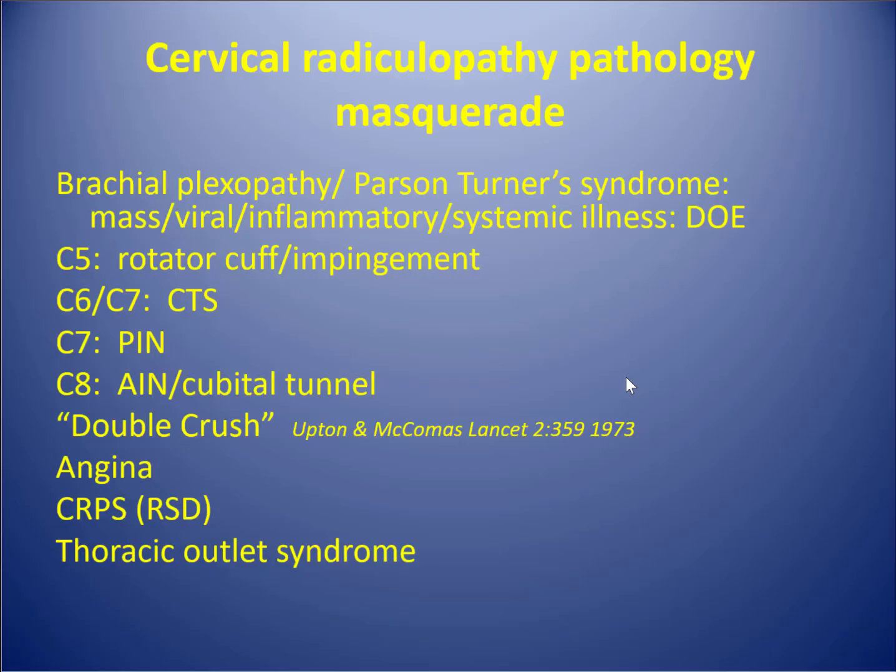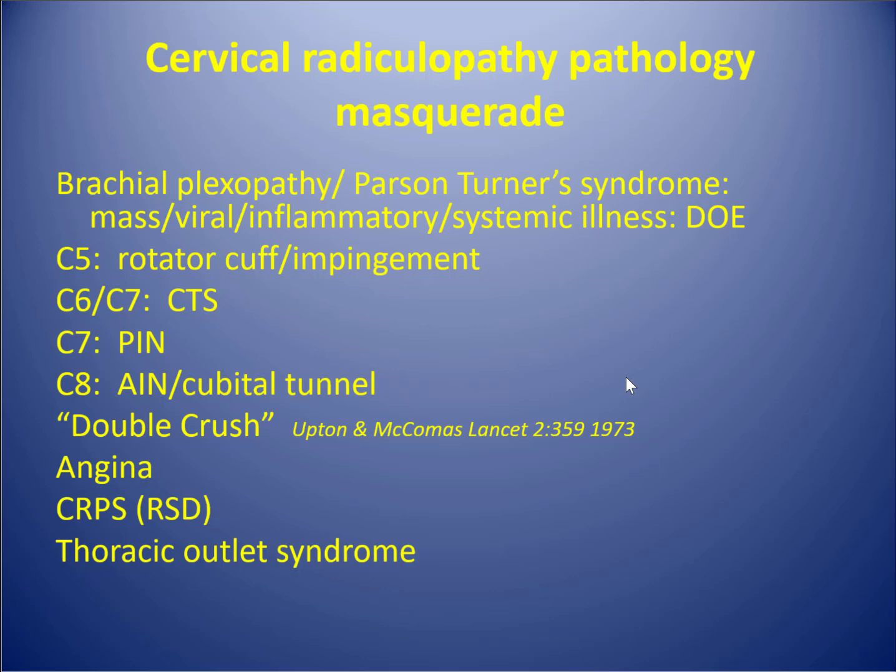So I like to think about this all the time, and maybe you can add to this, Walter, is other things that can give you the same symptoms. C6, C7 could be carpal tunnel syndrome, but usually those patients do not complain of neck pain. C7 could be posterior interosseous nerve, which is rare. C8 could be cubital tunnel, pressure on the nerve at the elbow.